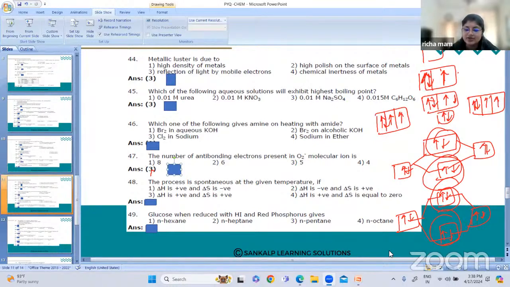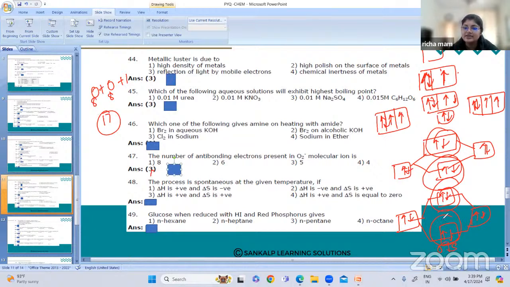If the question is on the basis of molecular orbital theory, you have to fill the electrons. How will the electrons fill? It is O2 minus. Already oxygen has 8, another oxygen has 8 plus 1 electron, so 16 plus 1 is 17 electrons.